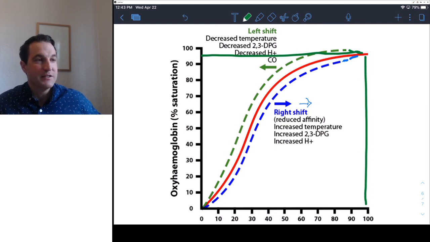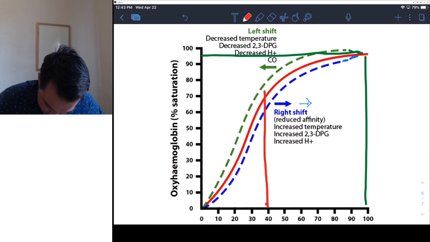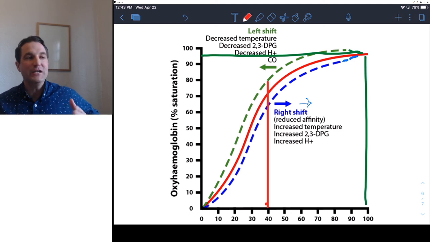However, the difference is going to occur when we're at the muscle. And remember, let's say 40 is what we're talking about right here in this example. Okay? The classic partial pressure of oxygen at your muscles kind of at rest. Well, if a right shift has occurred, we have reduced our affinity at the muscles of oxygen for hemoglobin.